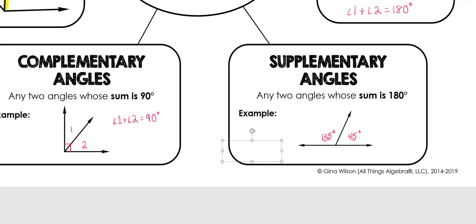have to be attached. So, for example, this is our 135-degree angle.